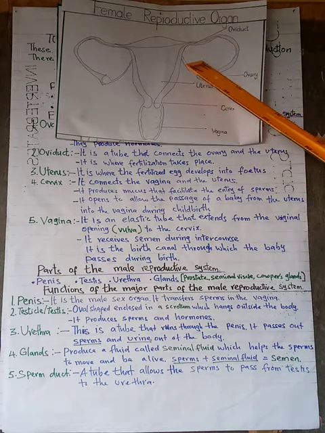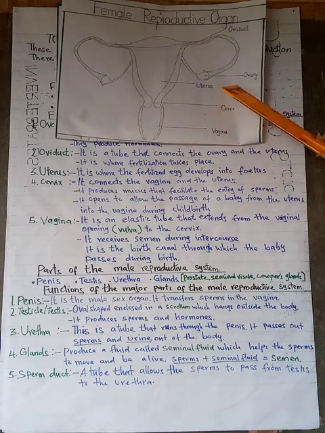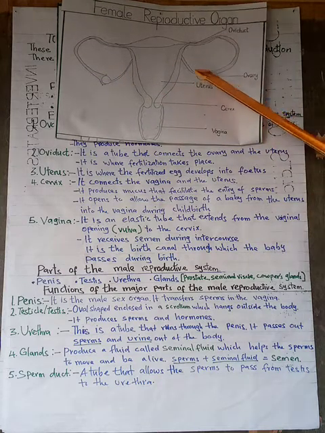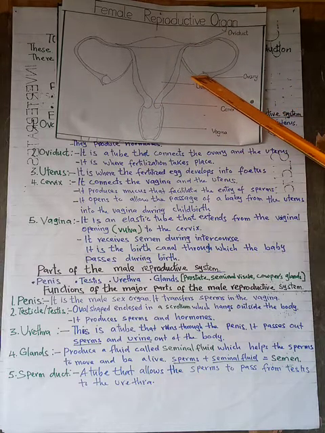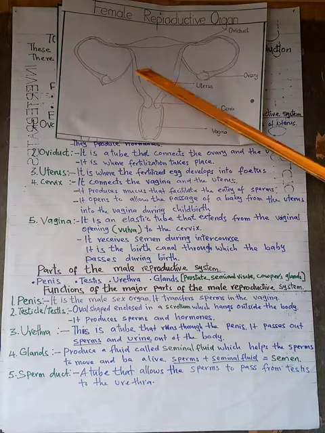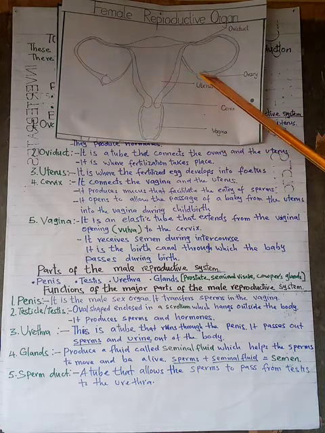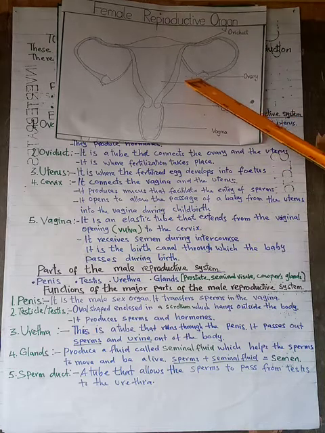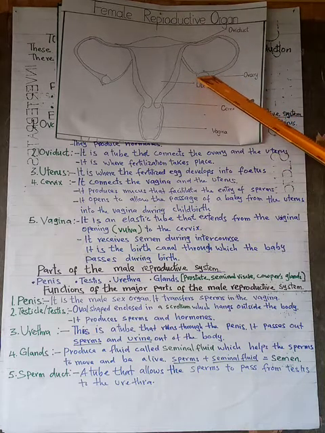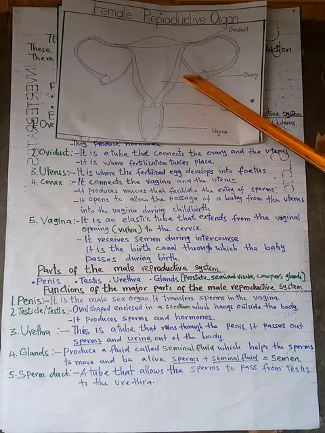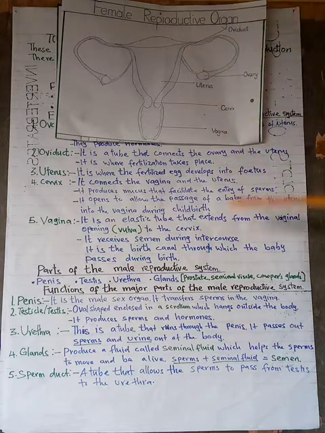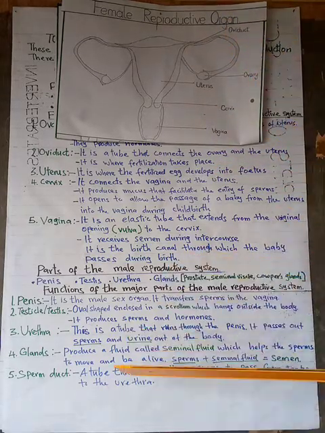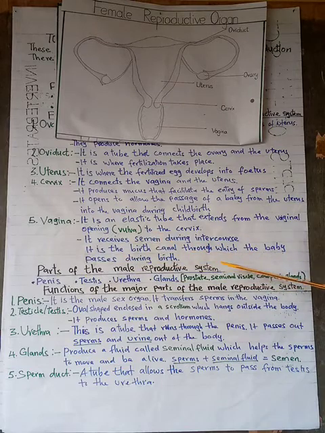They produce ova in a process called ovulation, so they release a mature ova. Ovaries also produce hormones. So that is the function of each part of the female reproductive organ.